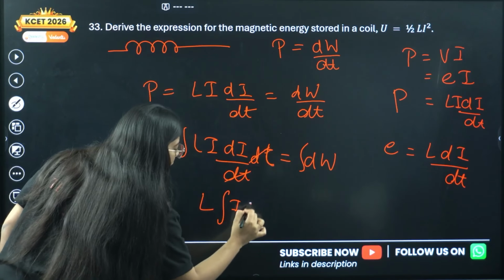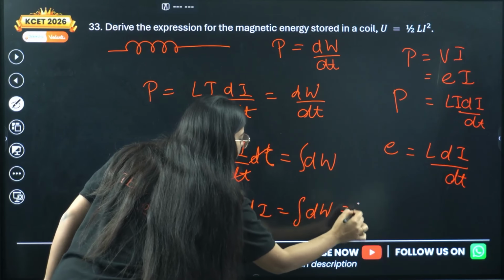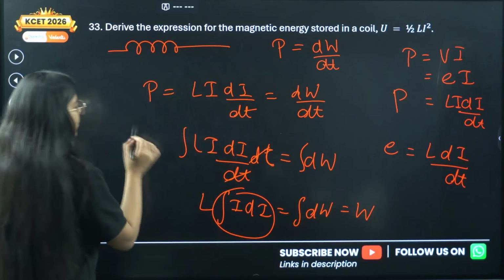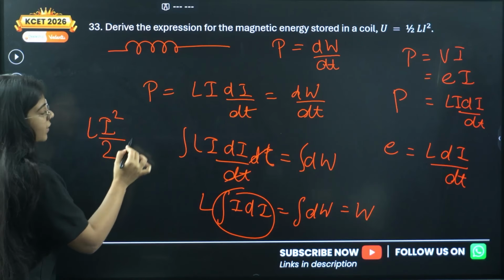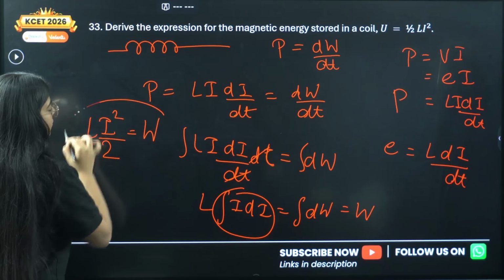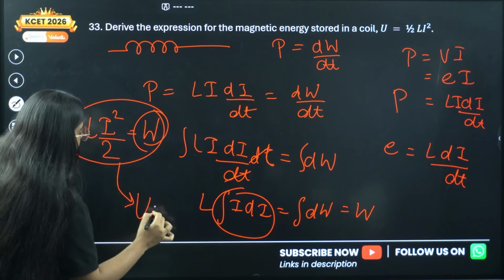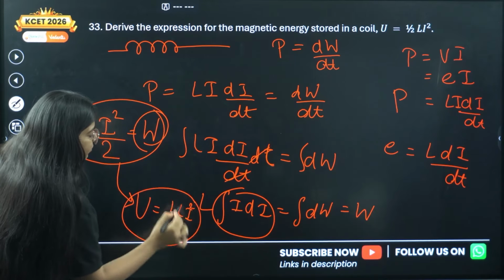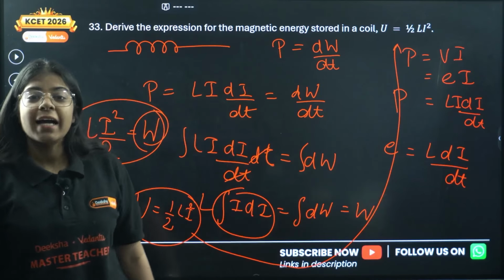This will be I into di, and this is the integration of dW, which will be just W. And the integration of I di will be I square by 2, so L into I square by 2. Correct? And this is W. So which is our expression? W can be written as U, and this is half L I square. Correct? This is exactly what we needed to find, half L I square.